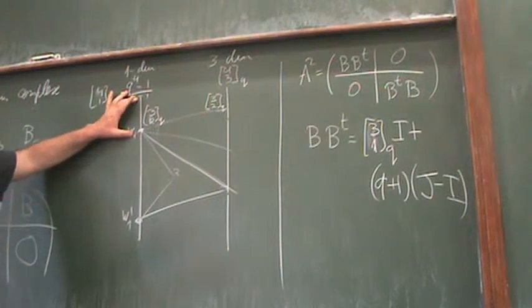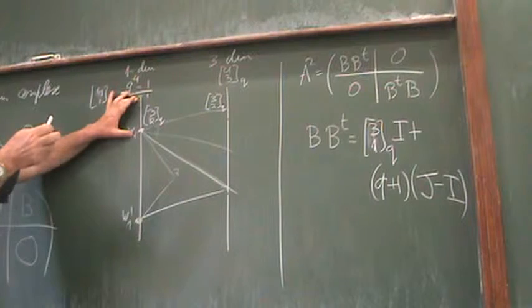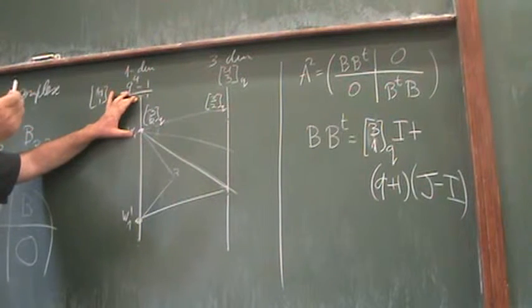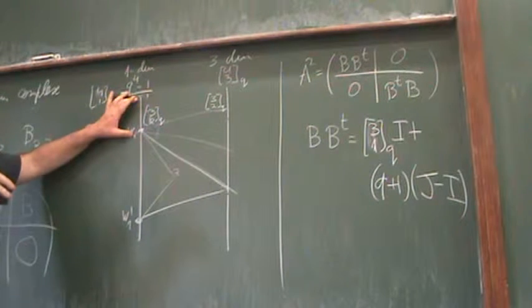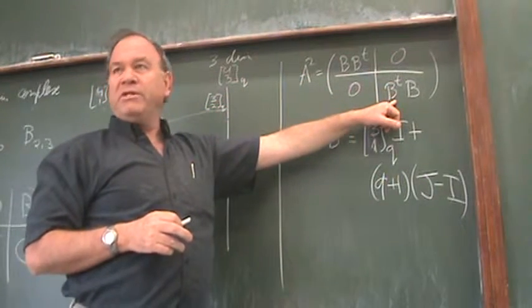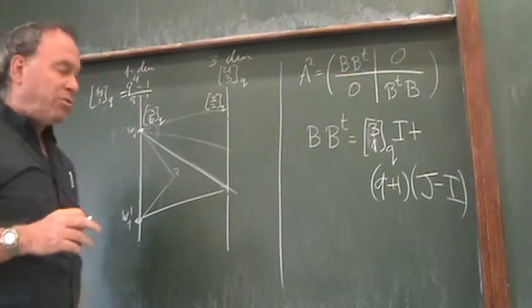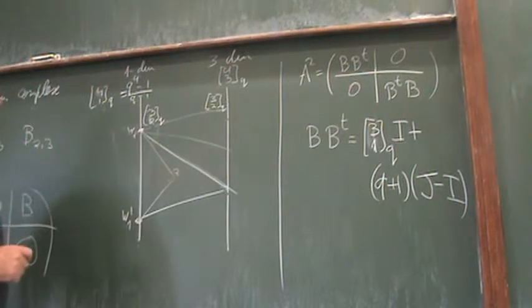Well, anyway, this is a linear algebra exercise which I gave you in one of the previous lectures, that BBT and BTB always have the same eigenvalues. Maybe they differ by zeros. Well, in this case I think they don't even differ, because both of them are of the same size. If they are not of the same size, then there might be some zeros in one of them which are not in the other.